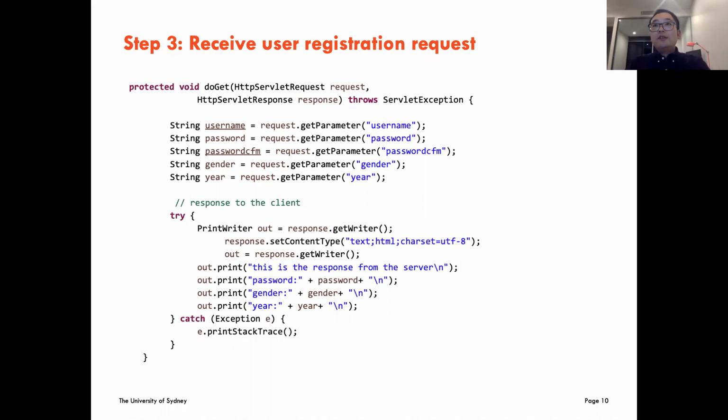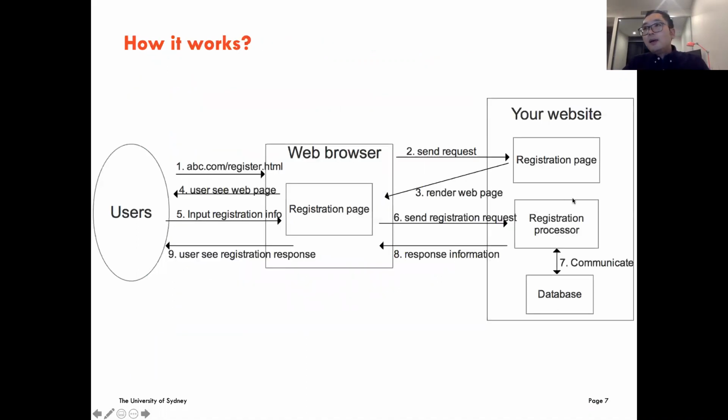That means when the registration processor receives the information, there will be no communication with the database for now, because connecting with a database is a bit complex. We are not showing that in the first step, but here we just get that information and respond with it to the user.